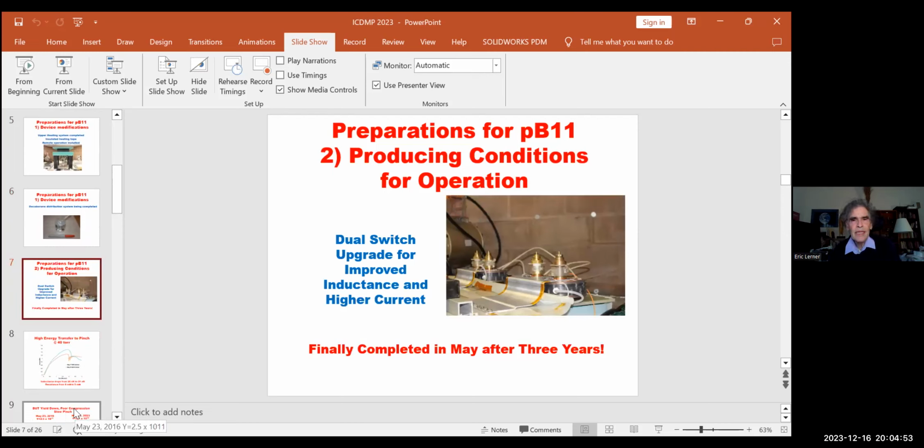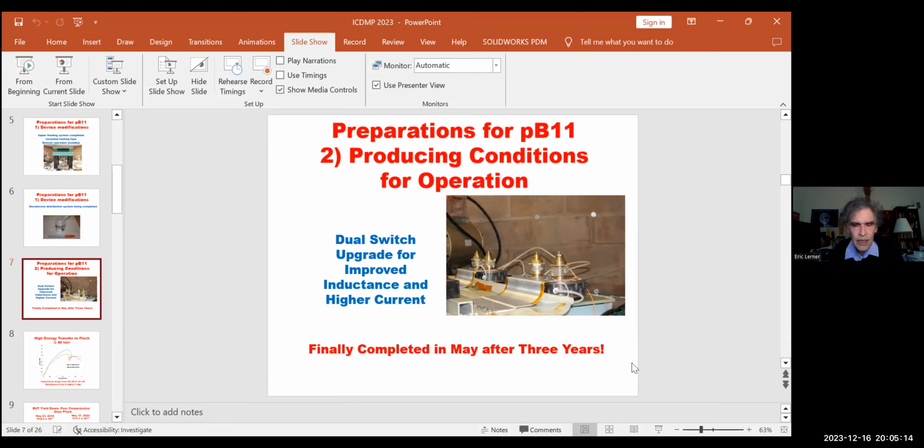So the second part of our preparations, and the main part that I'm going to focus on, is preparing the conditions for operation that we think will lead to successful observation of PB11 reactions.